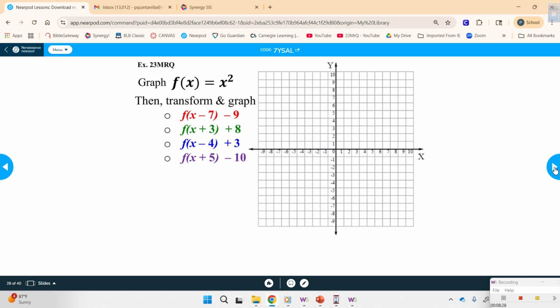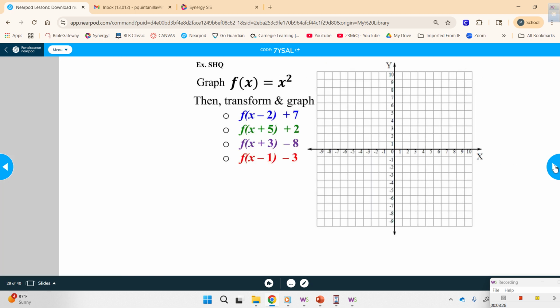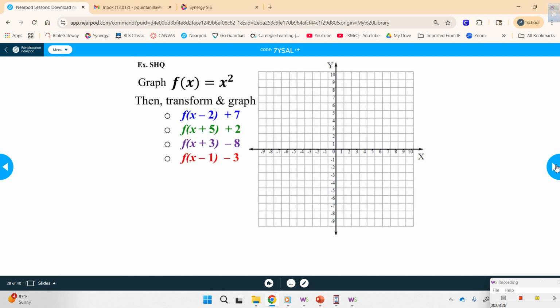So, on your new graph paper, copy this one. Use the small side, one of the smaller ones. It reads, graph f of x equals x squared. Then transform the graph f of x minus 2, and then on the outside plus 7.